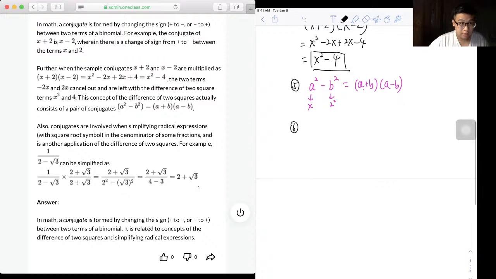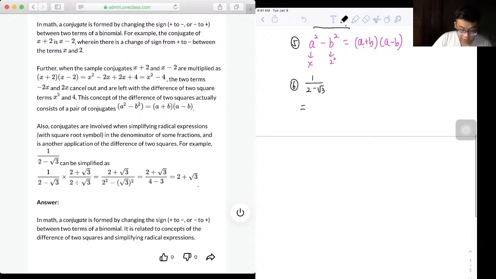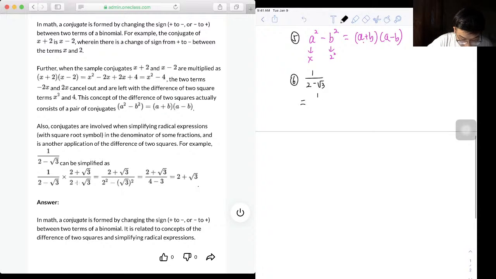If we have a question like 1 over 2 minus root 3, and we want to rationalize this fraction, we will need to multiply by the conjugate of 2 minus root 3, which will be 2 plus root 3.